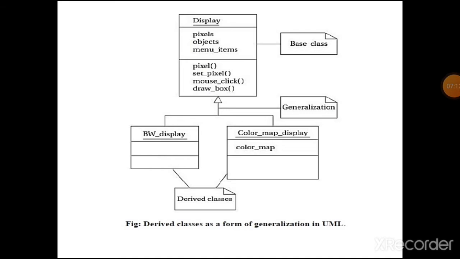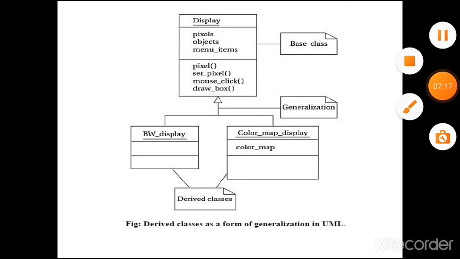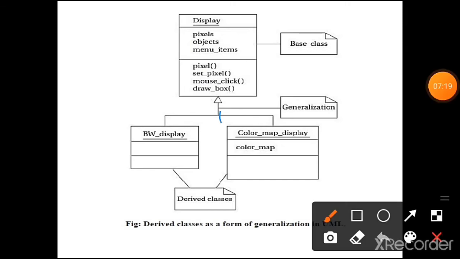A generalization relationship is shown in a UML diagram as an arrow with an open, or unfilled, arrowhead. This is the representation of a generalization or inheritance. So remember, a UML diagram represents inheritance using an arrow with an open, unfilled arrowhead.